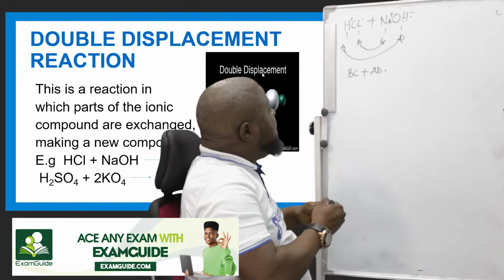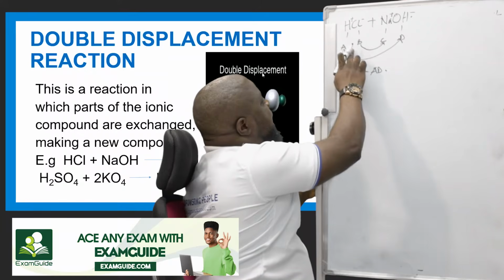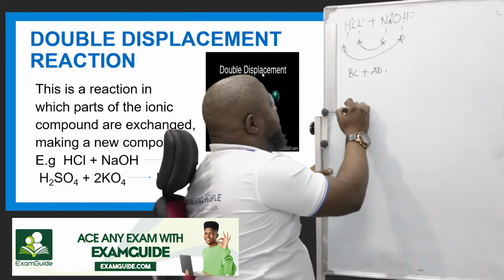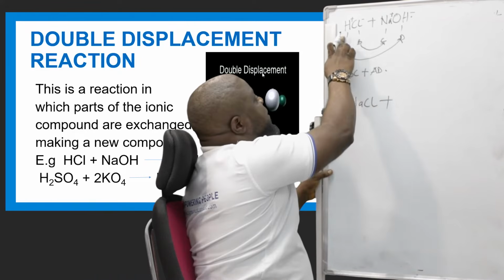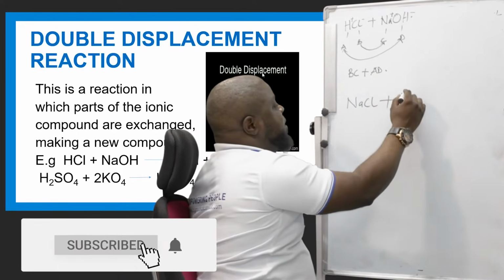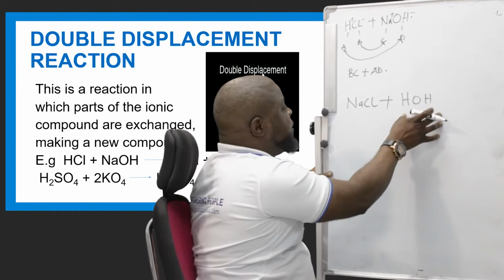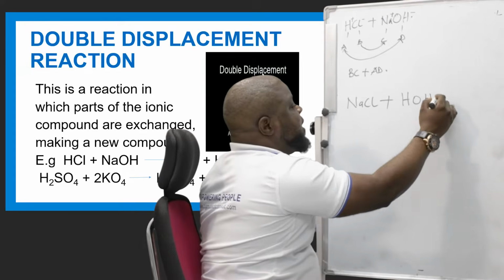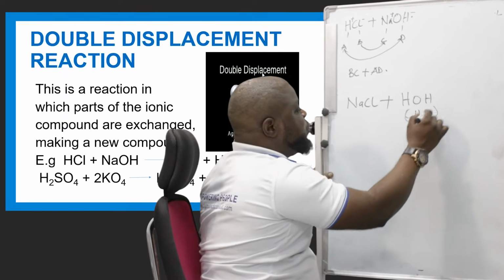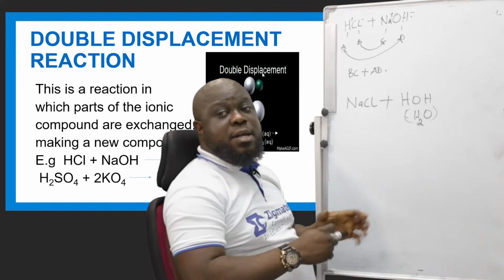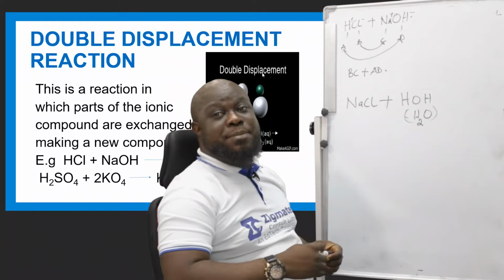So the B there is chlorine. Now the chlorine reacting with sodium will give us sodium chloride, while the hydrogen reacting with hydroxide will give us HOH. And HOH is H2O. The hydrogen is 2 and the oxygen is 1. Now, this is how we got this particular double displacement reaction.